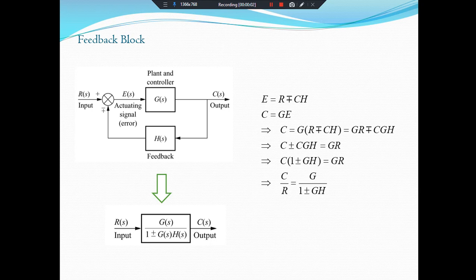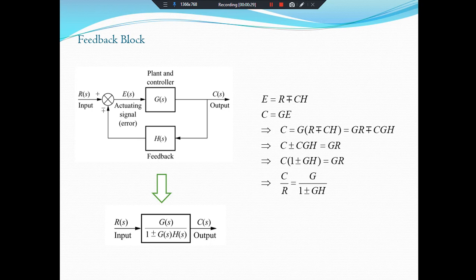Sorry, the recording was stopped unfortunately in the last lecture, so we'll continue the lecture from where we discontinued. We were studying how to reduce a block diagram. We studied that there are three possibilities in any complicated system: the subsystems will be in series, parallel, or in a feedback block.